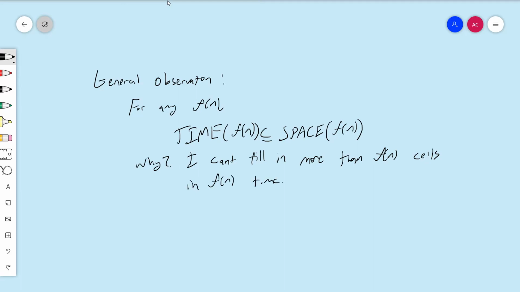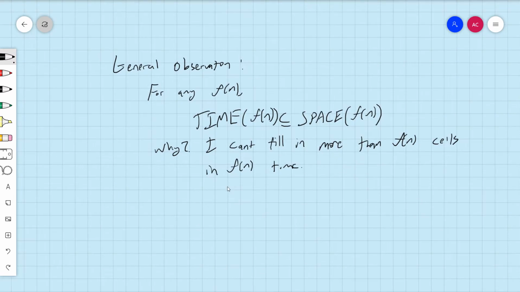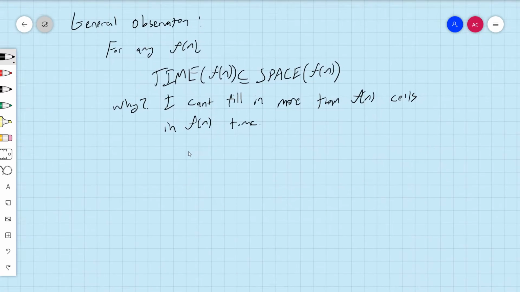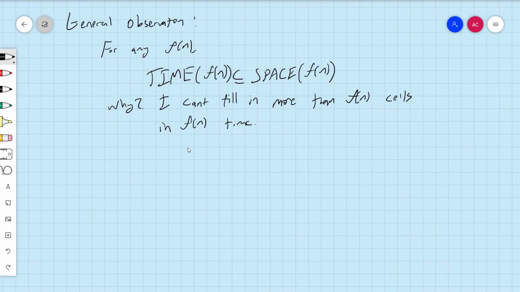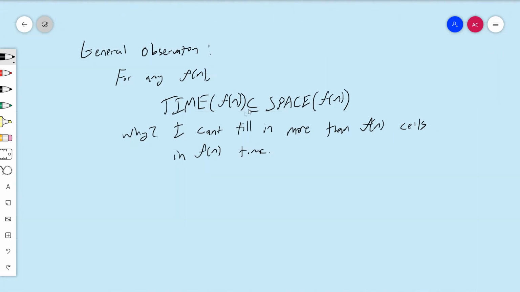Now that's an obvious fact to state for Turing machines, but it seems kind of deep when you connect it to actual computers, right? That the space classes are kind of bigger than the time classes in general. If we didn't have a model as rigorous and simplistic at the same time as a Turing machine, this would not be at all obvious.